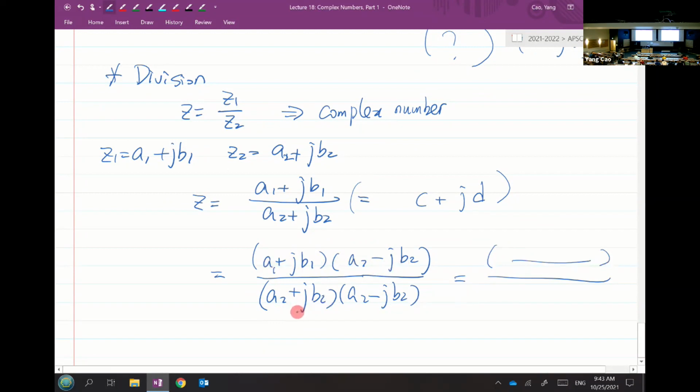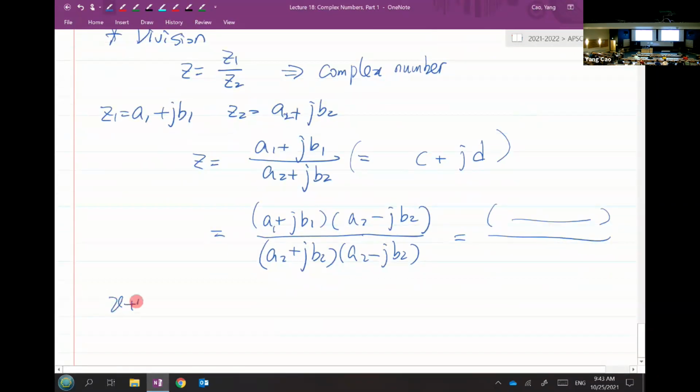But the bottom here, the denominator, what do we get? This is like (x plus y) times (x minus y), right? And what does that give you? x squared minus y squared. So the bottom gives you a2 squared minus j b2 squared.